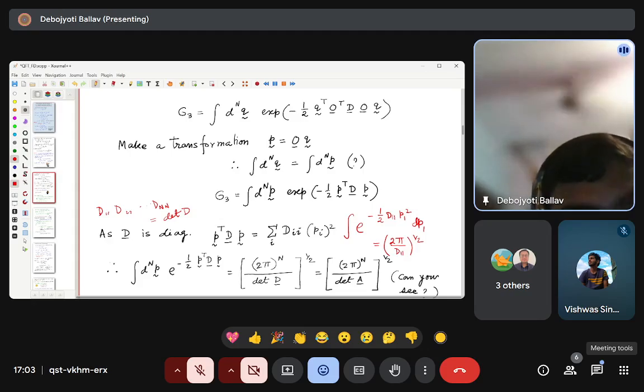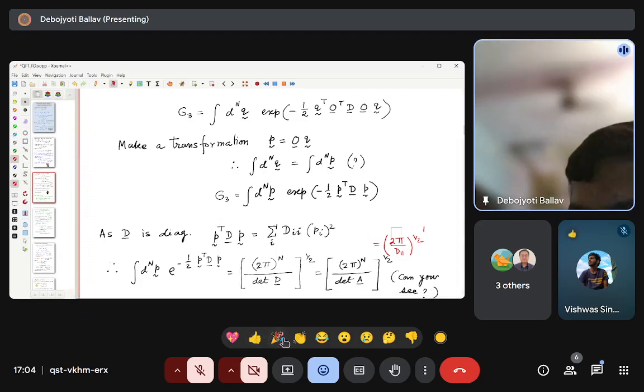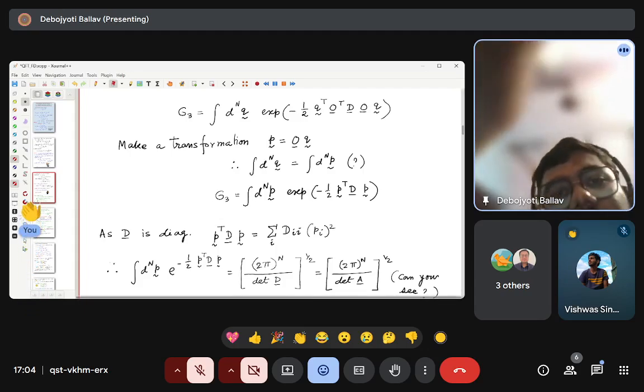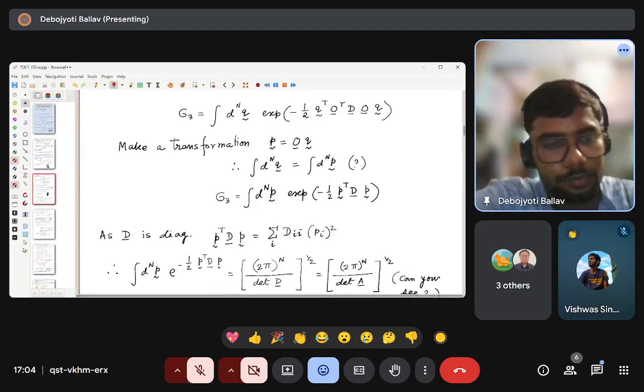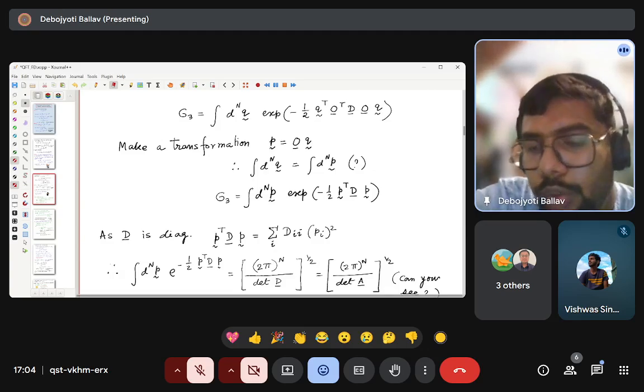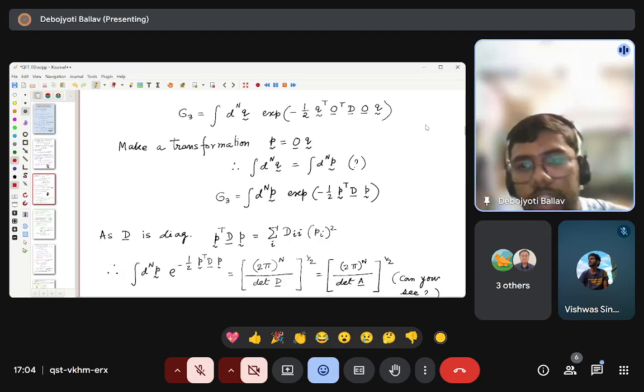As you get this diagonal matrix via an orthogonal or similarity transformation, the determinant of D is the same as the determinant of A. So I have replaced the determinant of D by the determinant of A. Now I think it is okay to see this integral. That's why I got this answer.